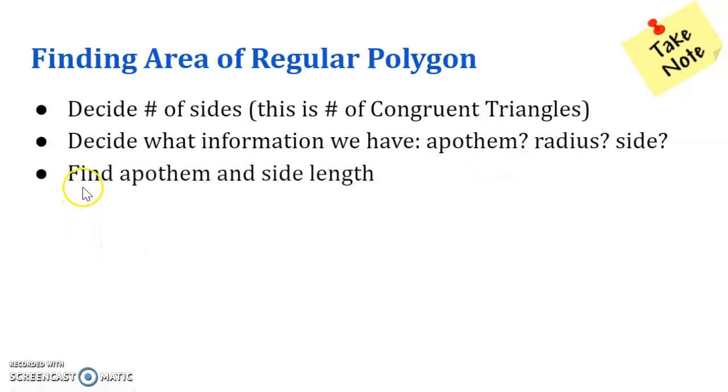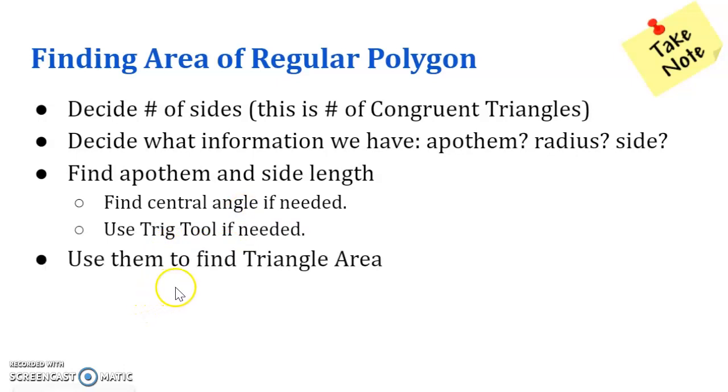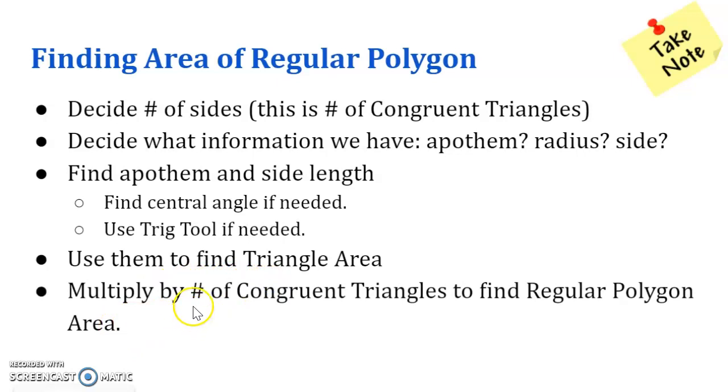Then find the apothem and the side length so that you can figure out the area of the triangle. You can find the central angle if you need to, and use trig if needed. Then you can use them to find the triangle's area, and then multiply that by the number of congruent triangles to find the regular polygon area. Please copy this down because you're going to need that as you do them on your own.